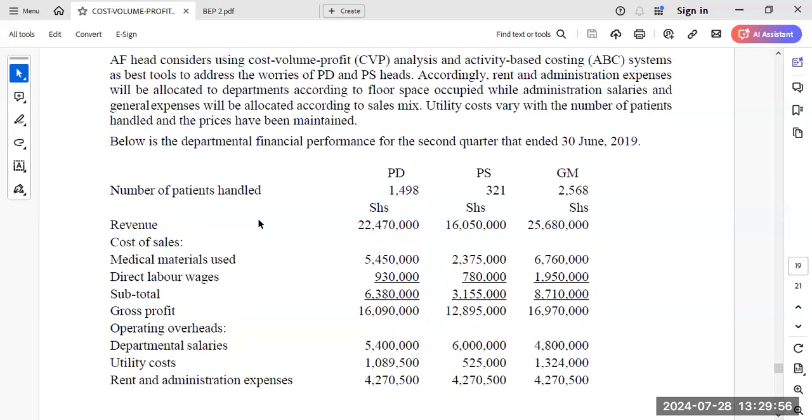We are not given this amount directly, but we can get it, because we have the number of patients handled, and we also have the total revenue. Don't you see that we can get it?